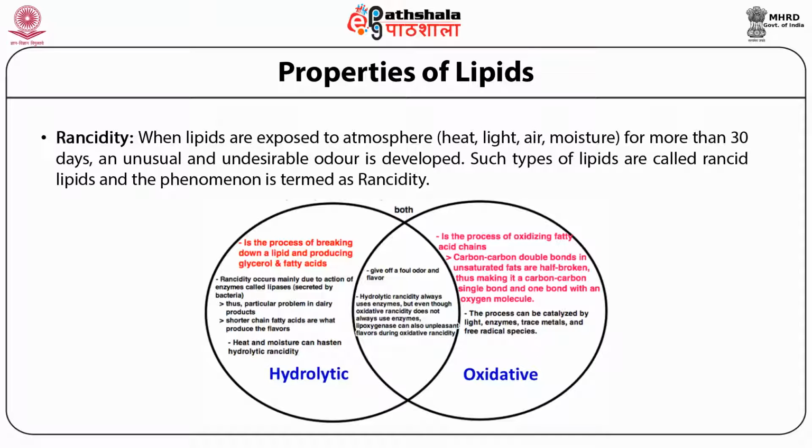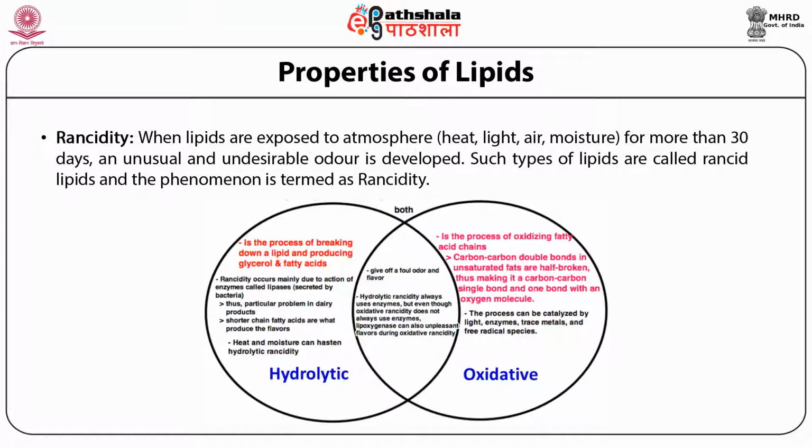Hydrolytic rancidity always uses enzymes, while oxidative rancidity does not always use enzymes, but lipoxygenase can also produce unpleasant flavor during oxidative rancidity.